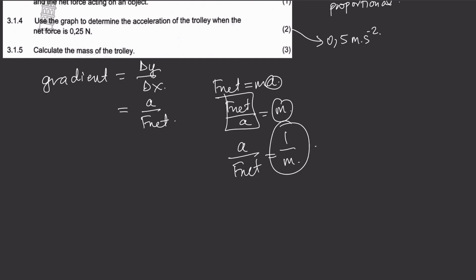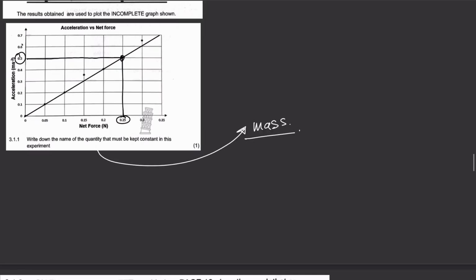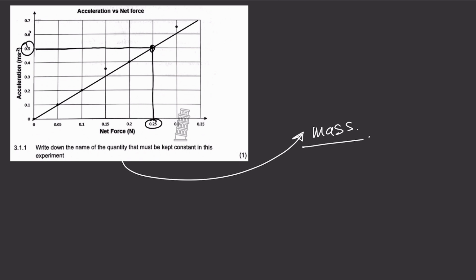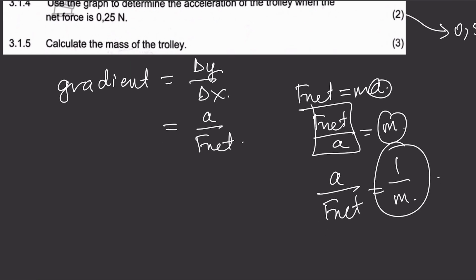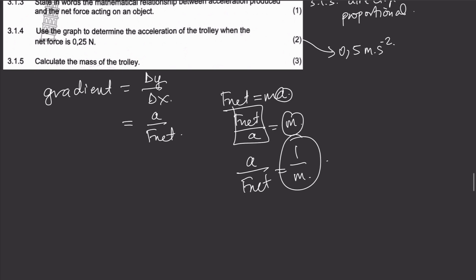So let's work out the gradient. We need 2 points. We have 1 point here, (0; 0). And let's take another point. Let's take the last point, so 0.7 and then 0.35. Okay. Any 2 points would work. The easiest 2 often is sufficient.